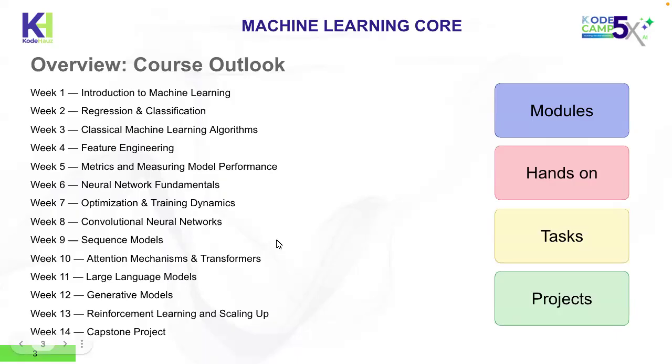The sequence models are what we call recurrent neural networks. So these are networks that keep track of previous things that happened, previous events, right? And this is needed in areas like natural language processing, time series processing, and other kinds of things.